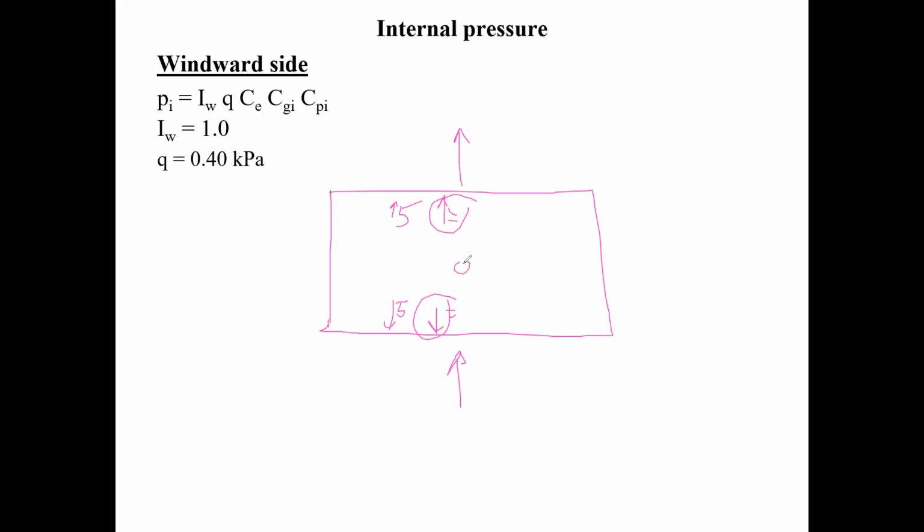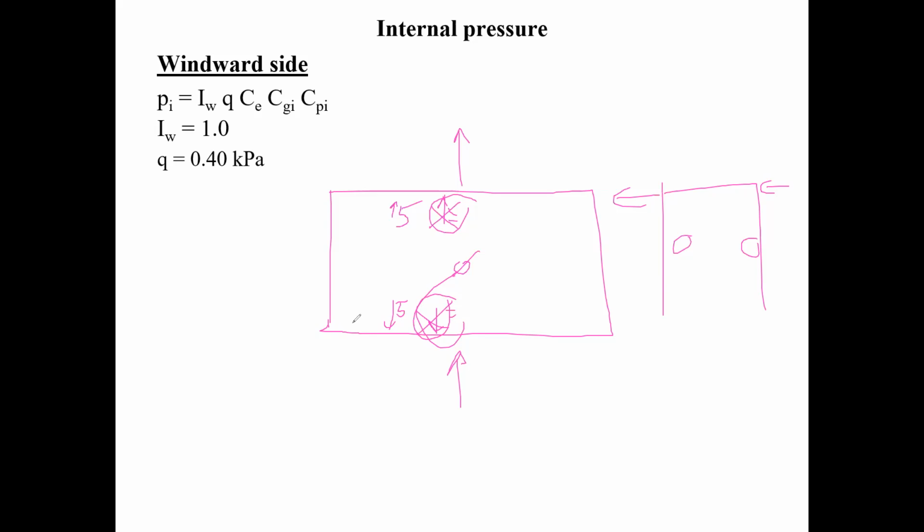Zero. Well, from the inside, zero. And therefore, when I'm designing my structure, I'm only going to be worrying about this and this. I won't be worrying about the internal ones. You see? Because in this case, they cancel each other out. That's why on the primary structure, we don't worry about the internal pressures.